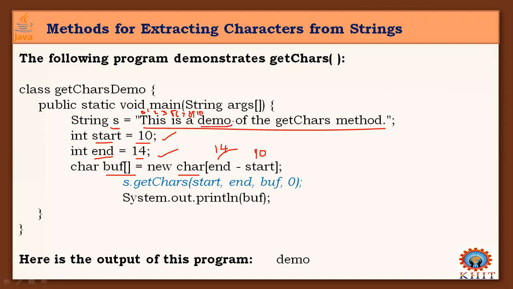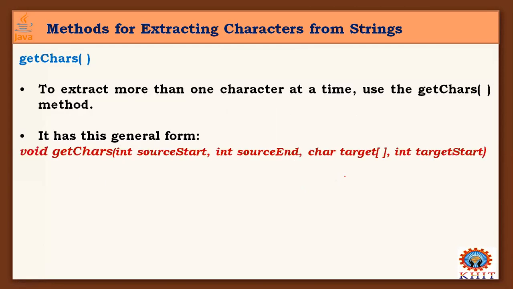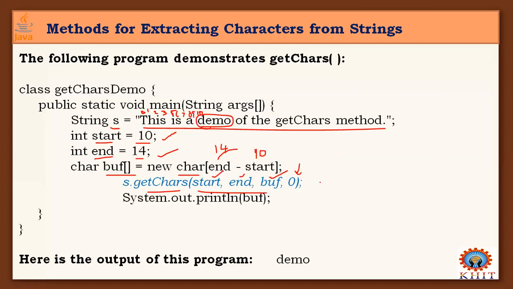So from 10 onward this part will be extracted using this method. The start value is 10, the end value is 14, and this is the buffer array into which it is extracted, and the last one, target start, is 0. The output of this program is the demo like this. Got it?